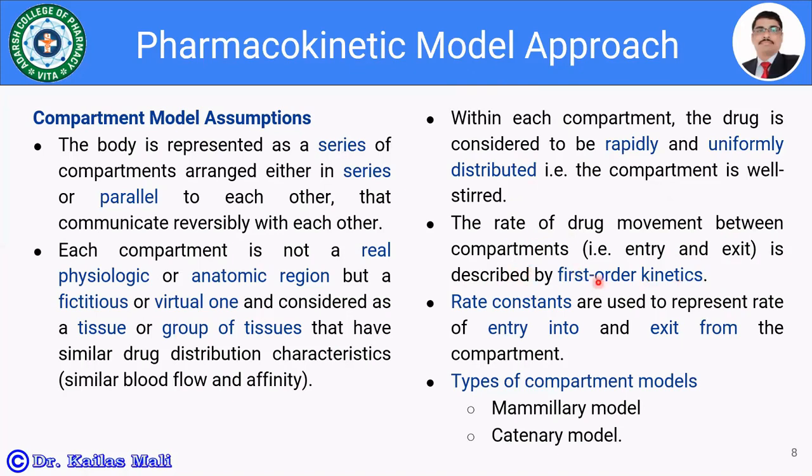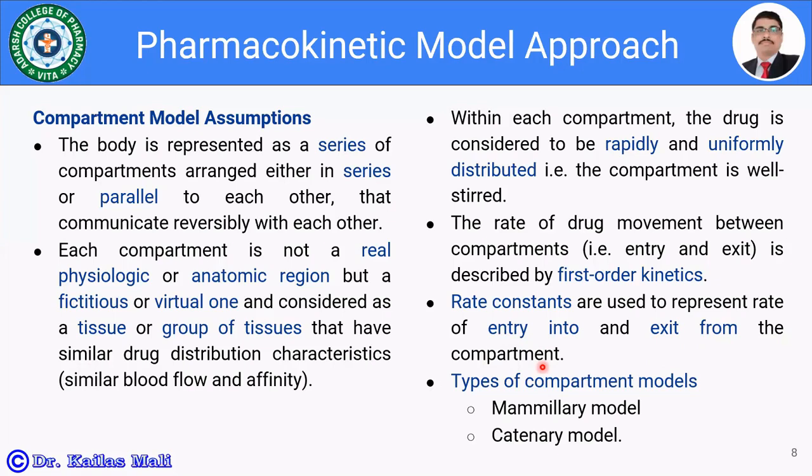If we are considering it as first order kinetics, the rate constants are used to represent the entry of drug and exit of drug from the compartment. Here we are using some rate constants for the entry, at what rate the drug is going to enter the compartment, and at what rate it is going to exit from the compartment. So these are the certain assumptions on which the compartment models are proposed.